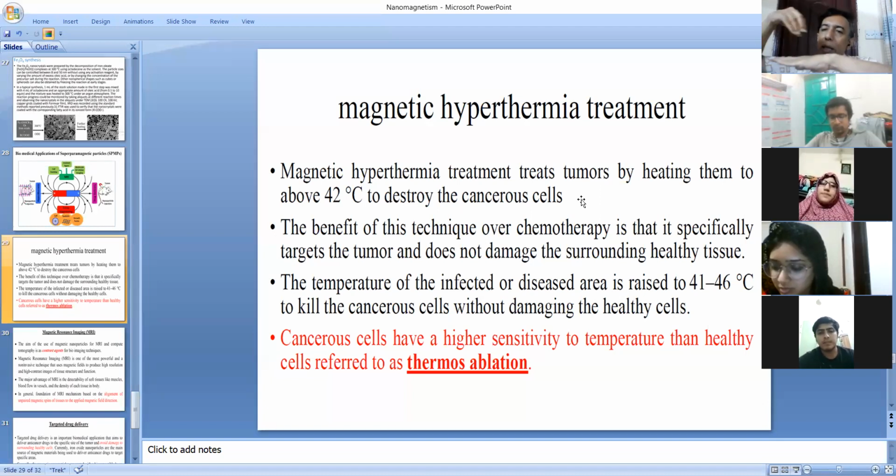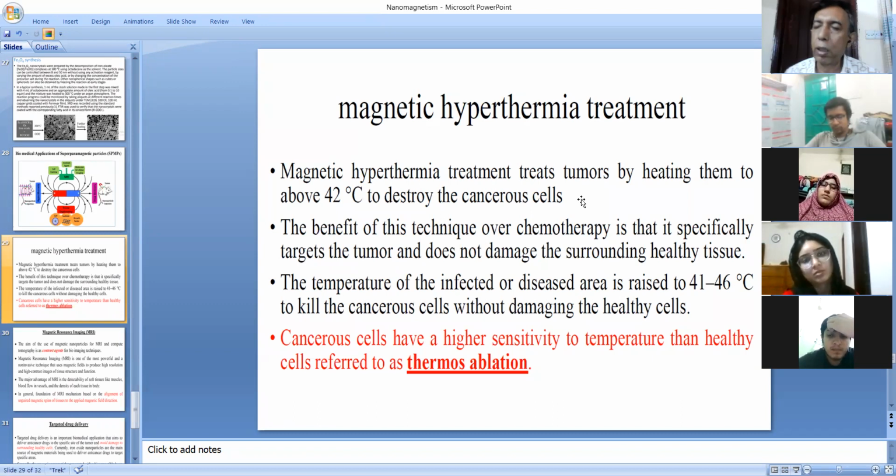So if you inject iron oxide solution into our body, and we move a magnet in this way, we can guide the iron oxide particles to a particular position.